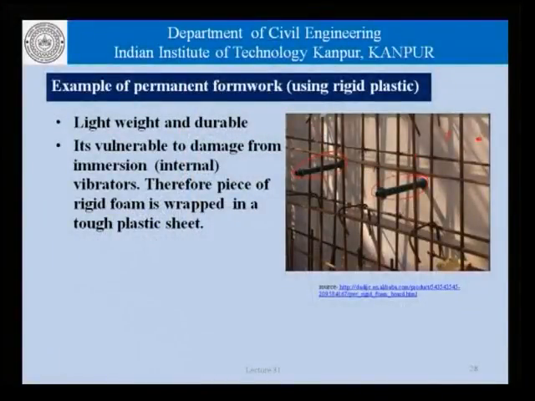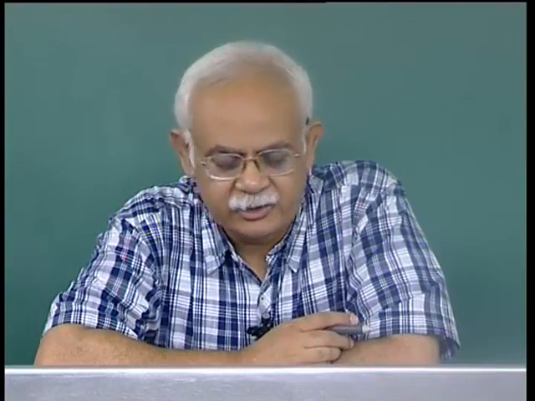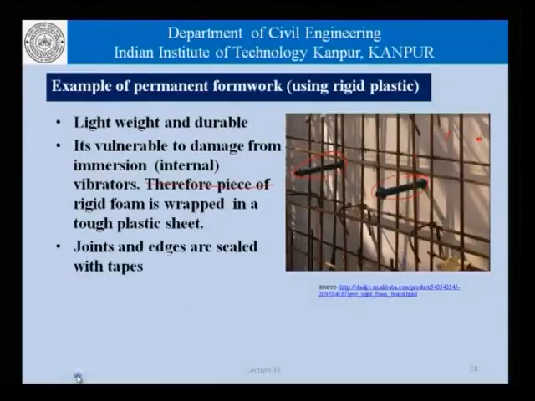We could use self compacting kind of concretes which do not require internal vibrators and then use these sheets, or we place something to ensure that the joints and edges of the rigid plastic sheet are properly sealed with the tapes.